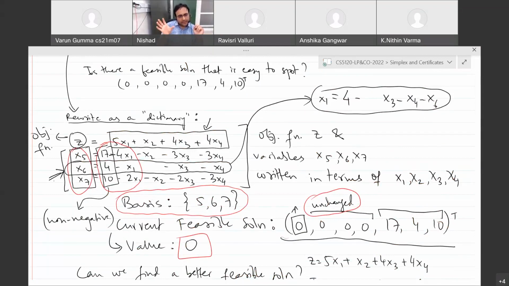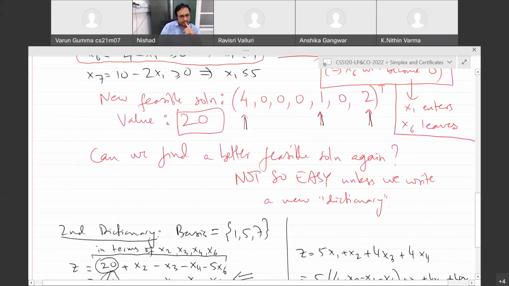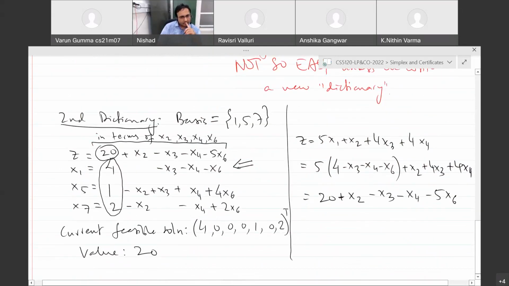And then we substituted this in all of the other equations to write down everything in terms of the new variables that are not in the basis. Right? So that would be 2, 3, 4, and 6 in this example. Are there any questions or concerns? If anything was not clear, this is a good time to ask.